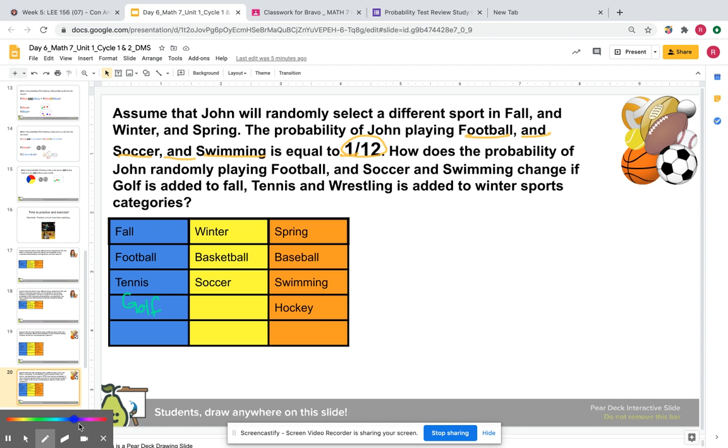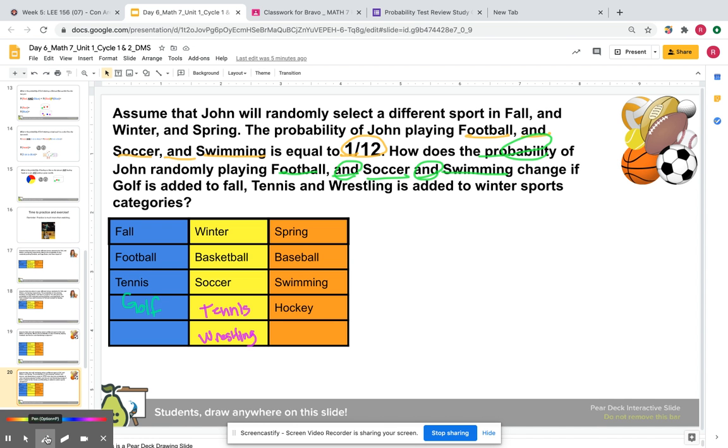Tennis is added for winter in the little box for winter, and wrestling. So the question is still the same as before. We're finding the probability of football and soccer and swimming.